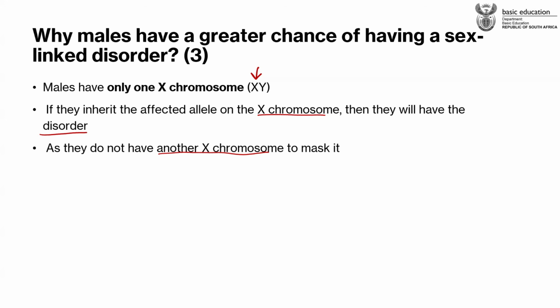And we also have Y-linked conditions, but you won't do them in grade 12. Just know that it's something that's there in case you're interested to continue and further your studies. Is that clear? Yes, thank you.